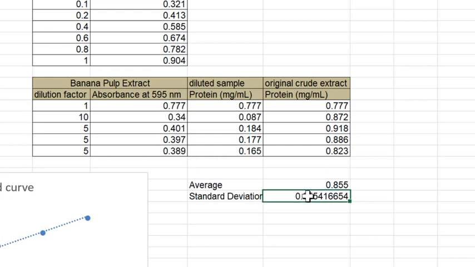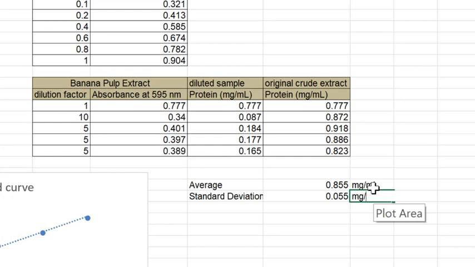And then standard deviation, too many digits. The average has the same units as the individual values, and so has the standard deviation.